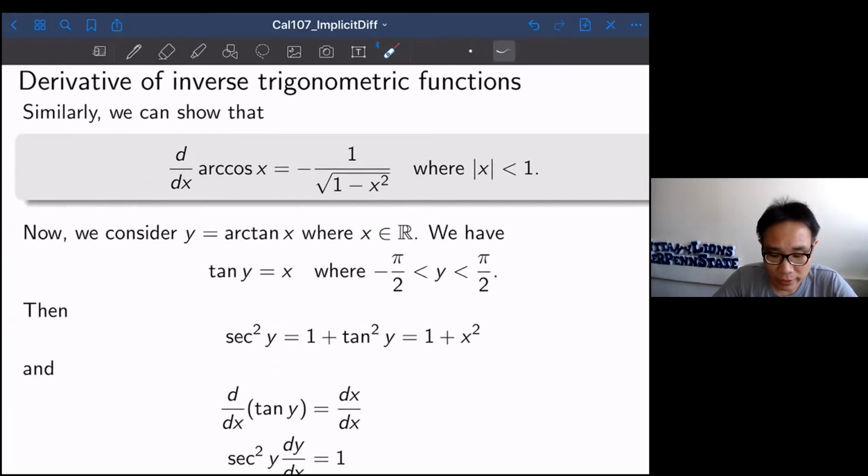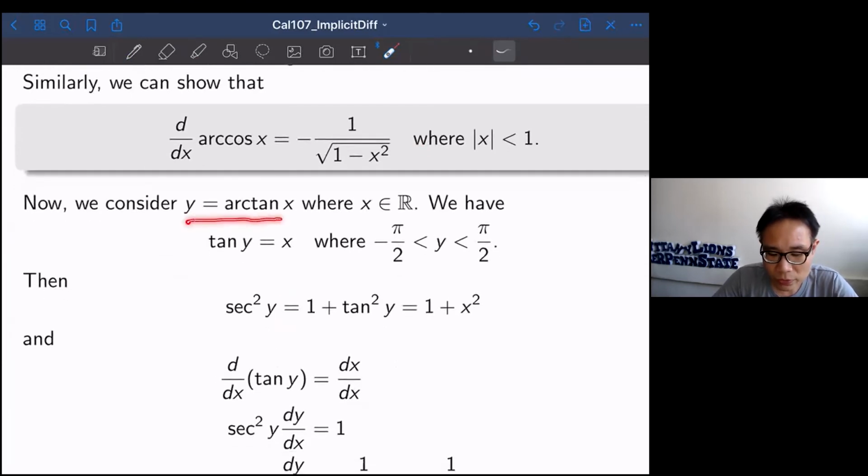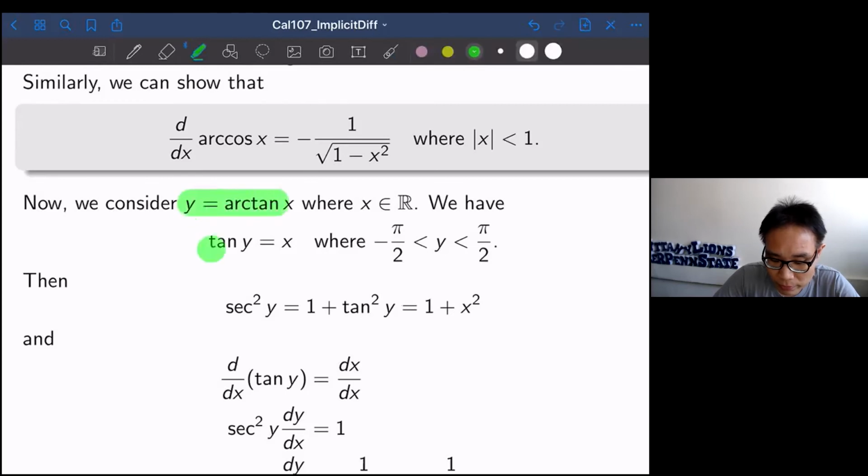For arctan, you have y equals arctan x, so you get tan y equals x. In this world you have sec squared y equals 1 plus tan squared y.